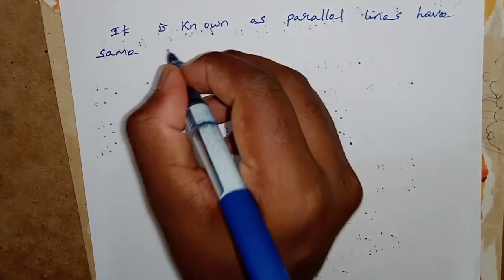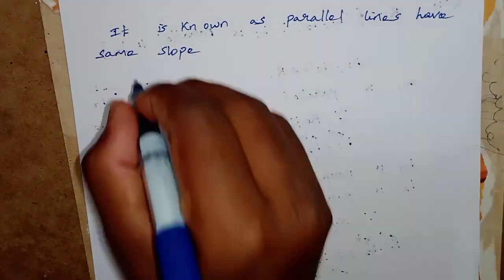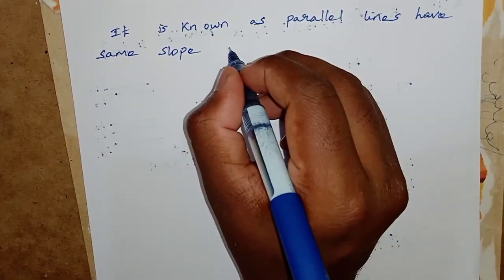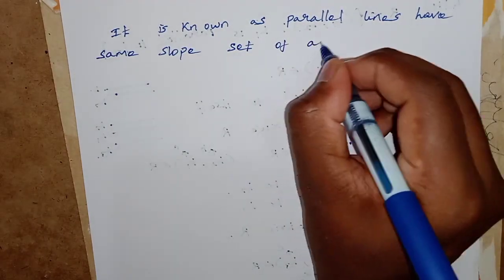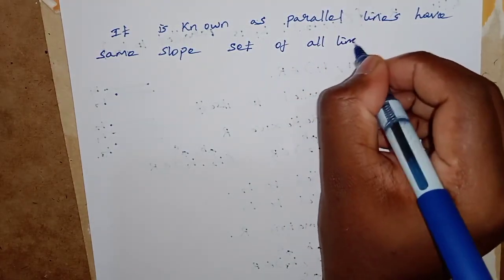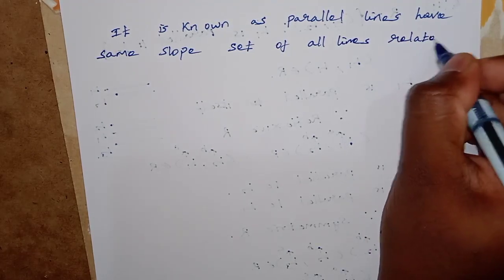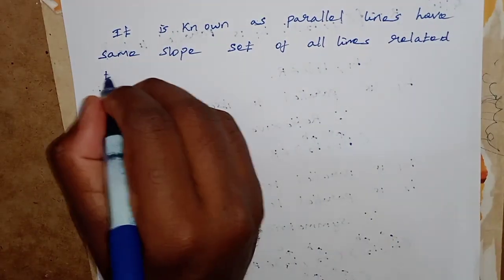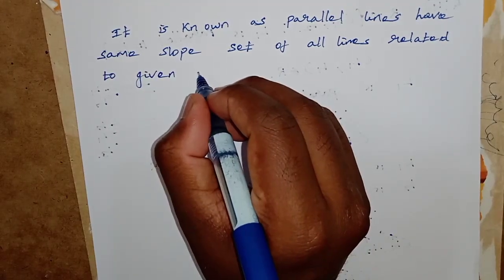Parallel lines have the same slope. The set of all lines related to the given line.